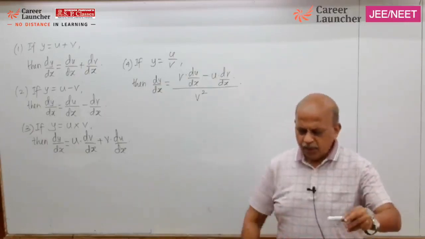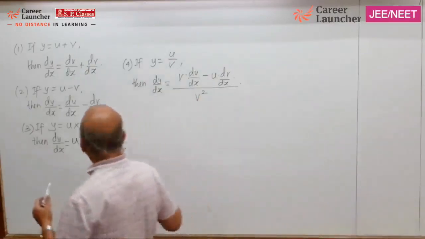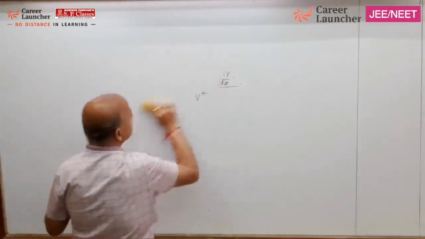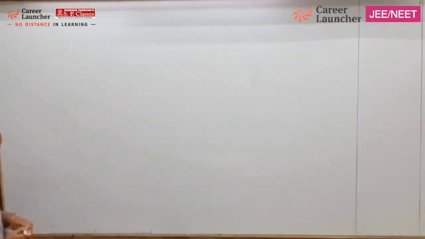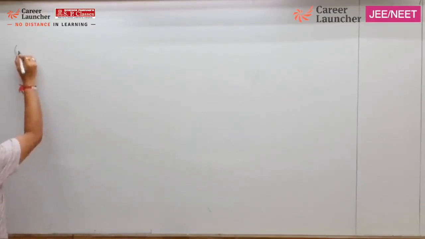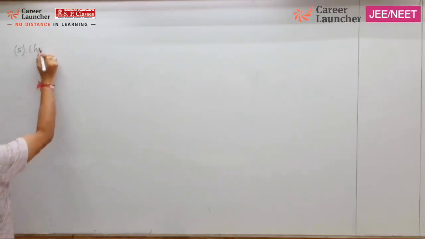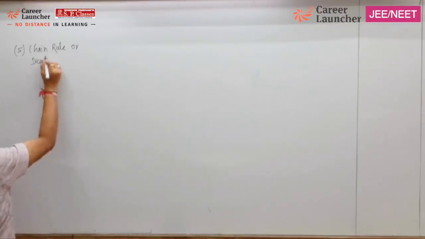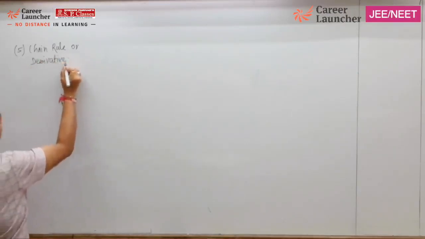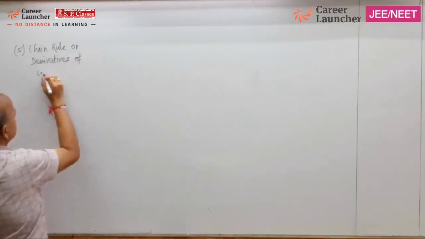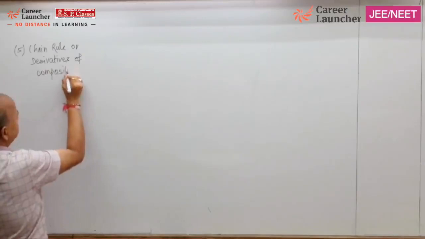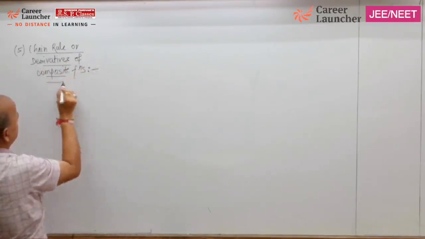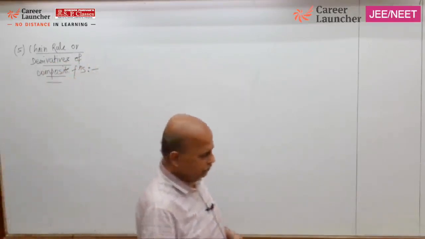Okay, so come on. Rule number 5: chain rule, or derivatives of composite functions.